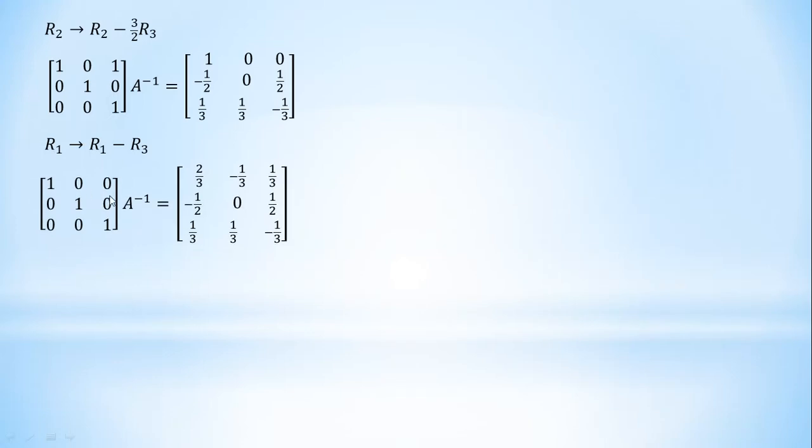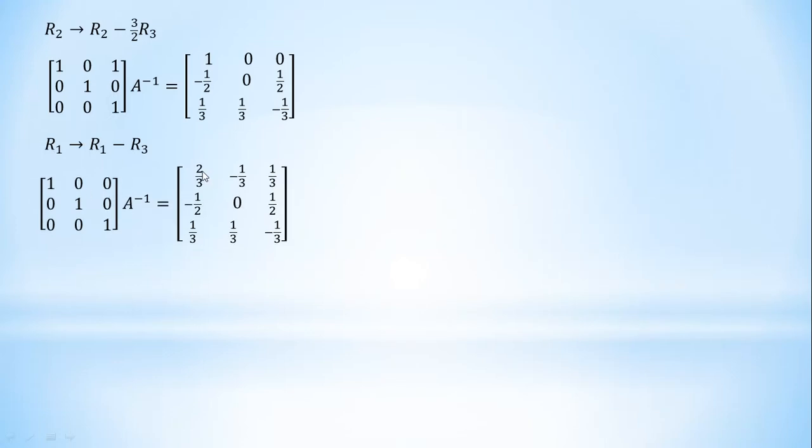Now the last step: we require 0 in place of 1 here, so that it becomes an identity matrix. So we change row number 1 as R1 changes to R1 minus R3, that is 1 minus 1, you will get 0. So we get the identity matrix here.